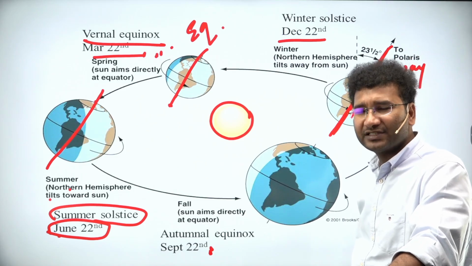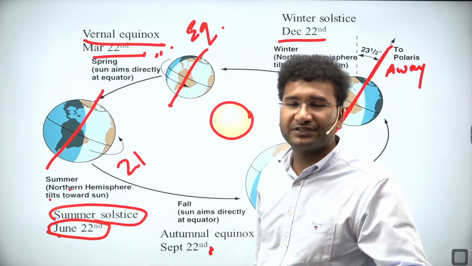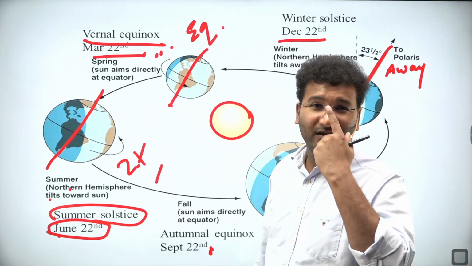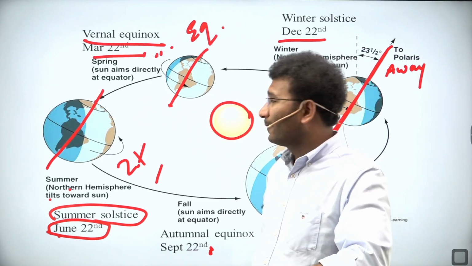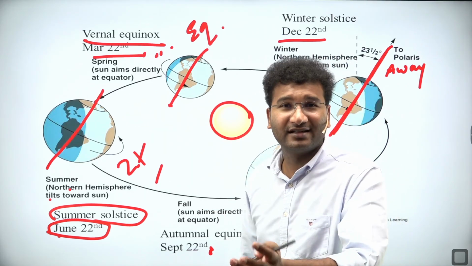UPSC will ask a question: on 21st or 22nd of September, or 21st or 22nd of June, do you have 24 hours of darkness in the southern hemisphere? The answer is yes.